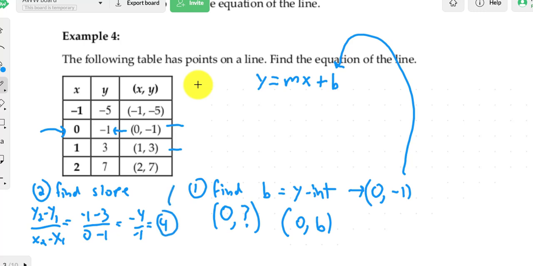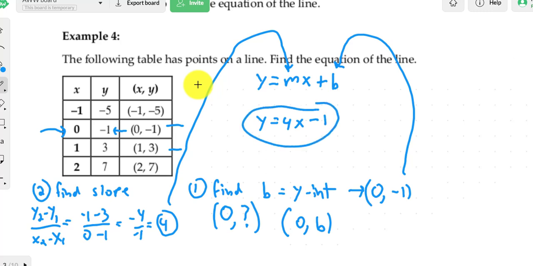So my slope, or my m, is the 4. So I can write y equals 4x minus 1, because my b was -1. And this is the equation of a line that's represented by this table. So if we were to plot points from this table and connect the points, we get a line that follows this equation, okay?